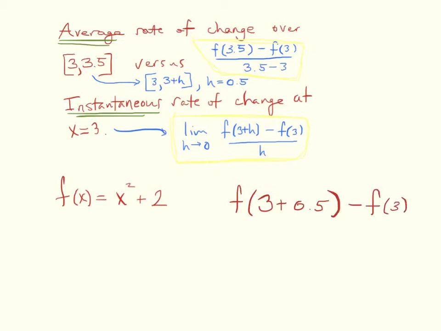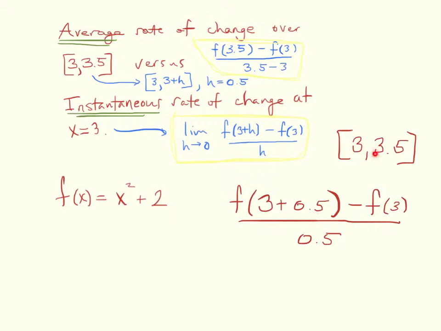3 over 0.5. That's on the interval 3, 3.5. We're actually taking the endpoints and plugging them into the difference quotient.